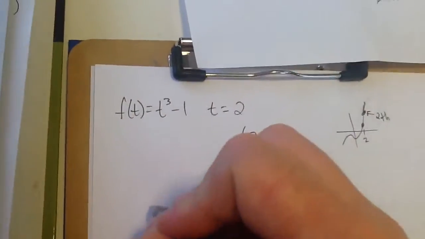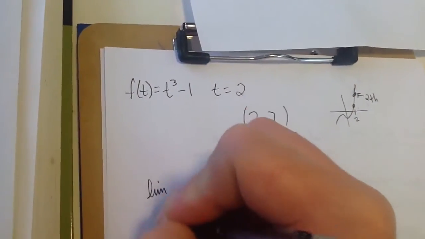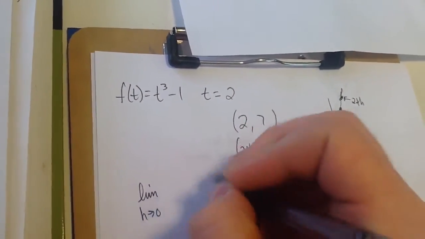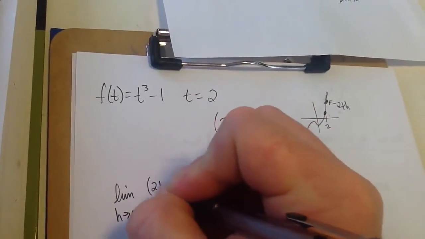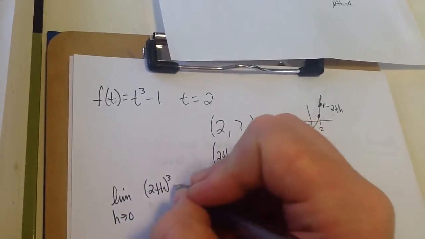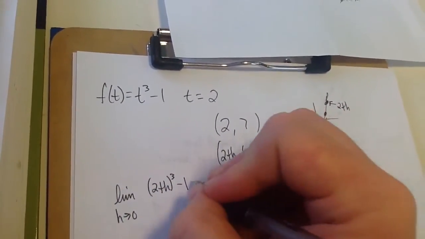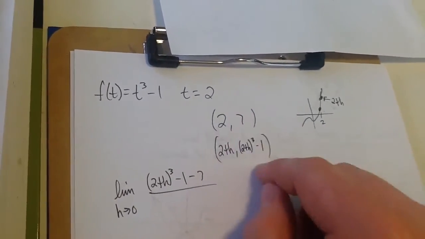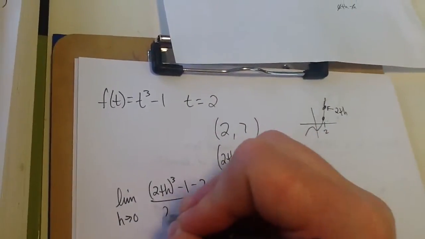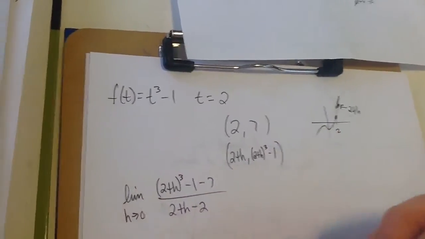Because when you do your slope, we're going to do the limit as h approaches 0, change in y goes on top. So I'm going to have a change in y: 2 plus h to the third minus 1 minus 7, over change in x, 2 plus h minus 2.